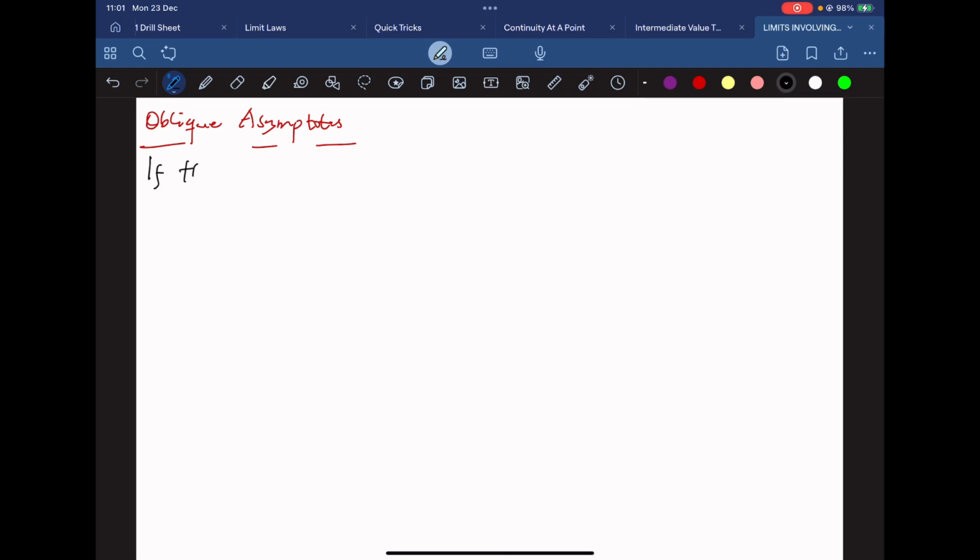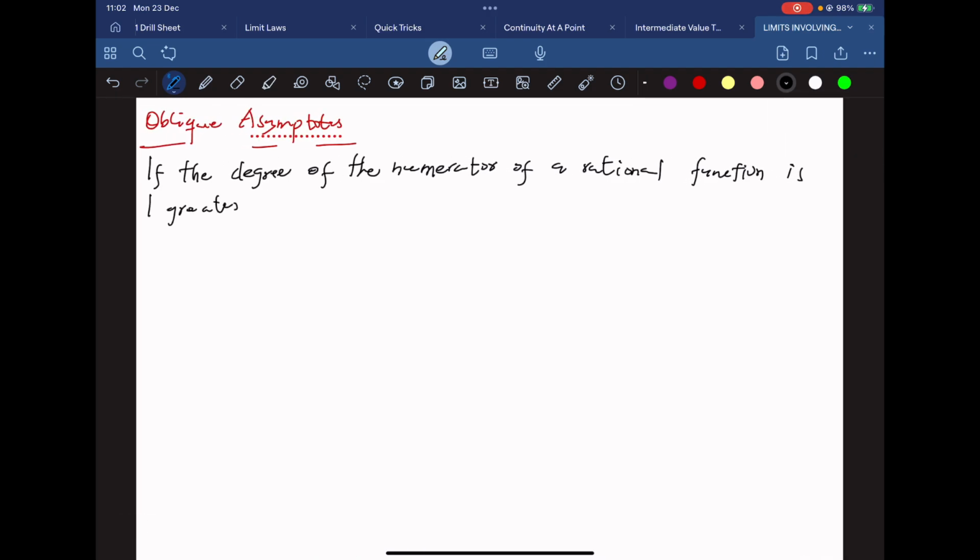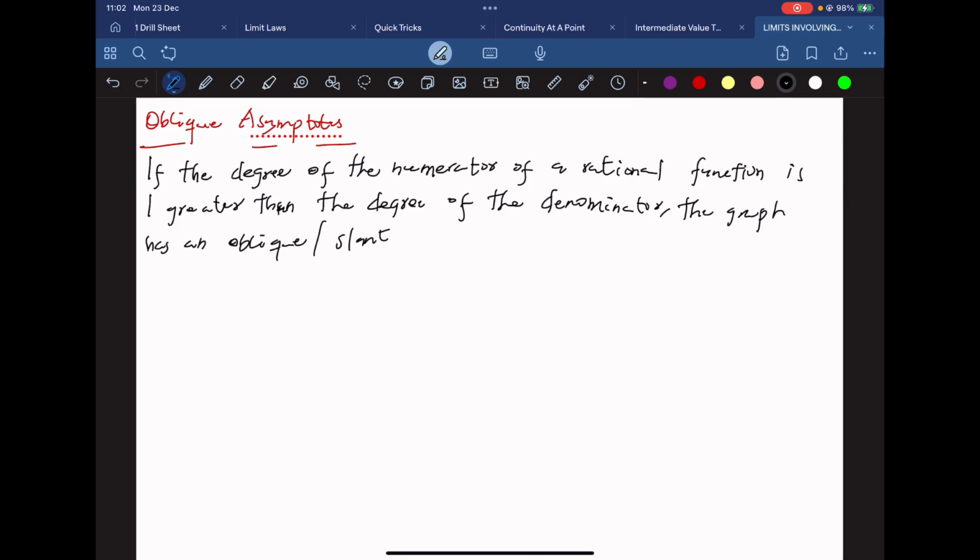Now, if the degree of the numerator of a rational function is 1 greater than the degree of the denominator, the graph has an oblique or slant asymptote.